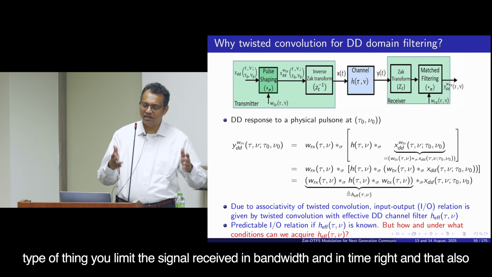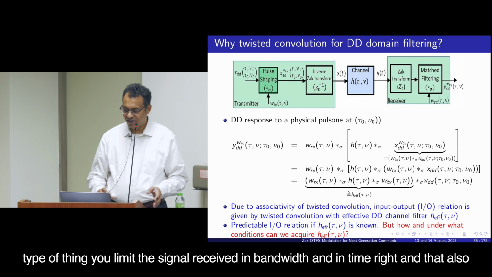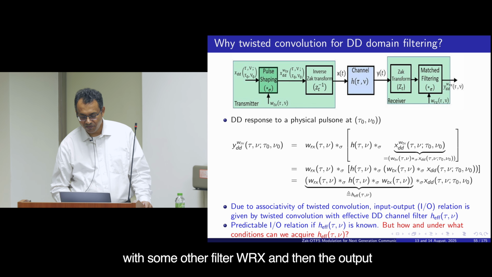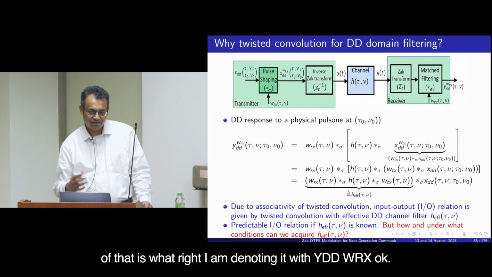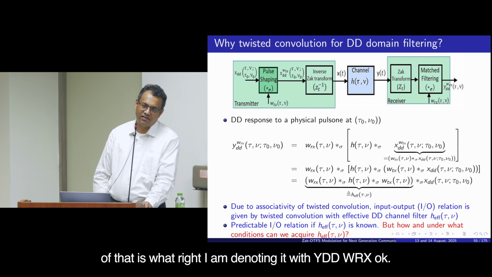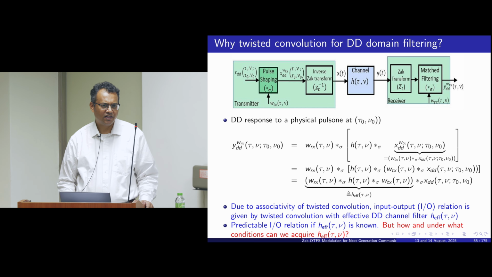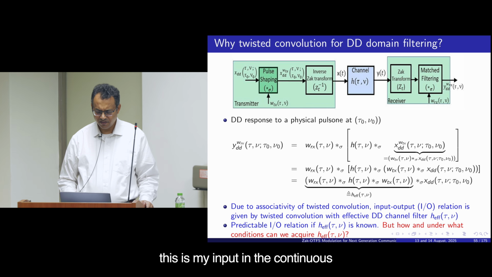You limit the signal received in bandwidth and in time, and that also can be implemented as a twisted convolution with some other filter, WRX. And then the output of that is what? I am denoting it with YDD WRX. So, this is my output in the continuous delay-Doppler domain.